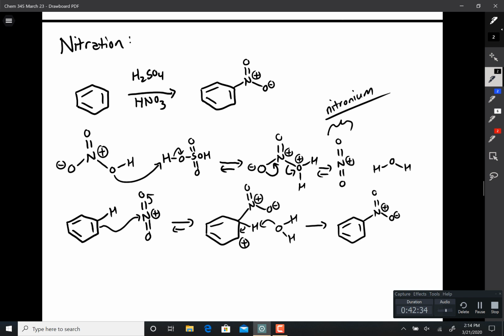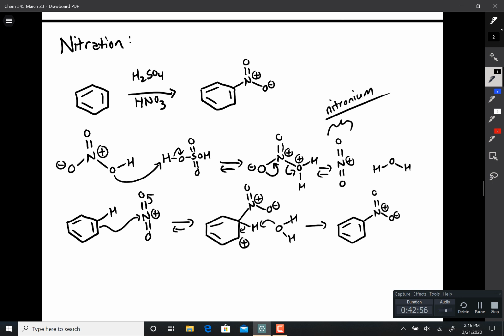Okay, so that's nitration. The nitro group is an incredibly powerful electron withdrawing group. There are few electron withdrawing groups that are more powerful than that. It's a very strongly deactivating group.